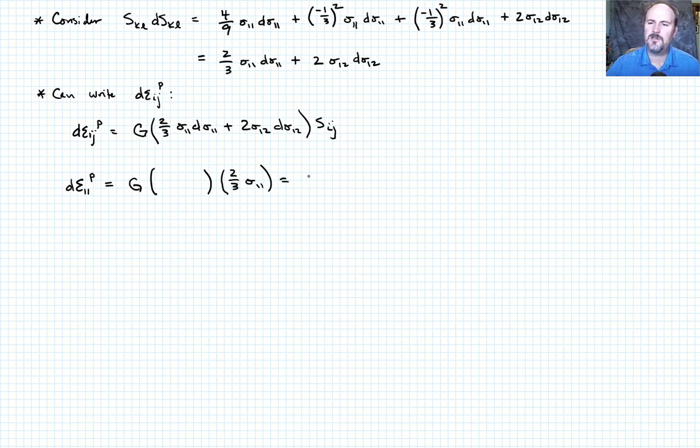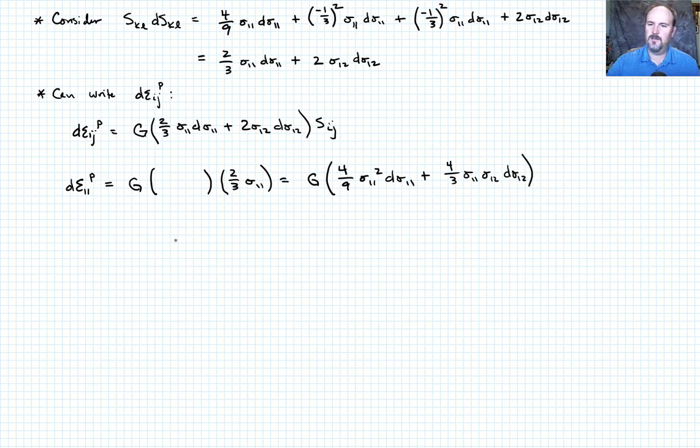So we can combine these terms and end up with G times the quantity 4/9 sigma 11 squared d sigma 11 plus 4/3 sigma 11 sigma 12 d sigma 12.